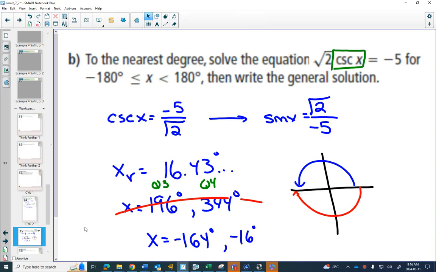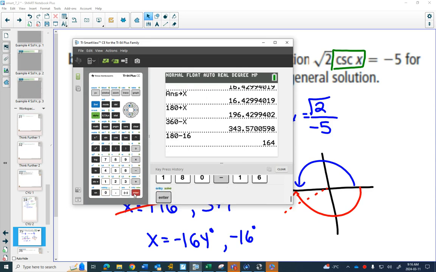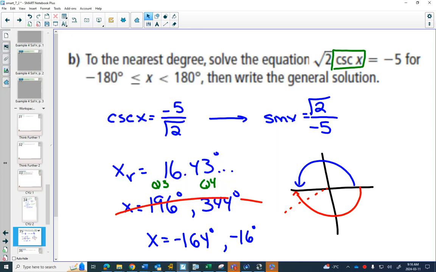Of course, if your reference angle is 16 degrees, this one here in quadrant 3, you can think of just doing 180 minus your reference angle to get the 164, and thinking I'm going in the negative direction, it needs to be negative 164.